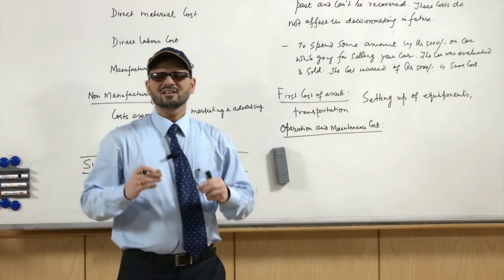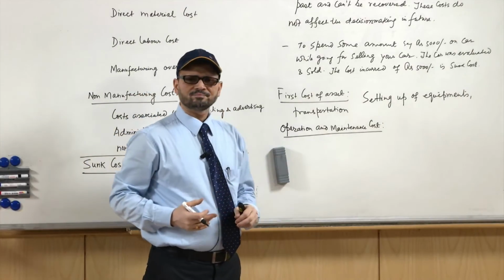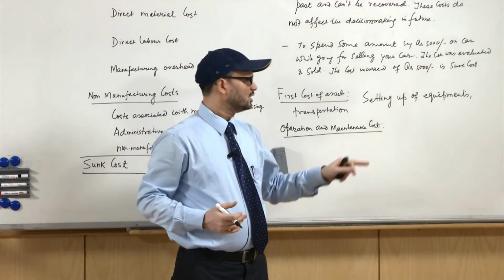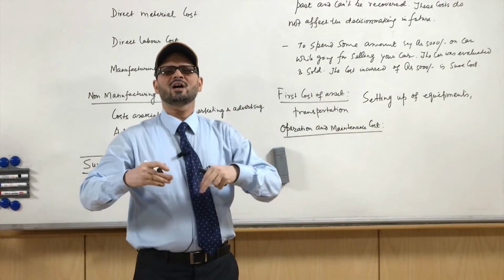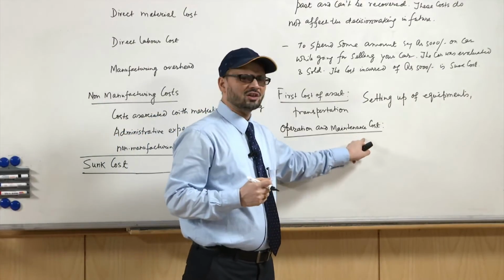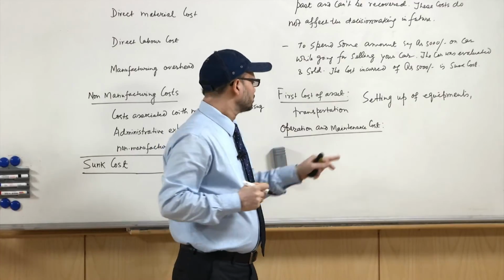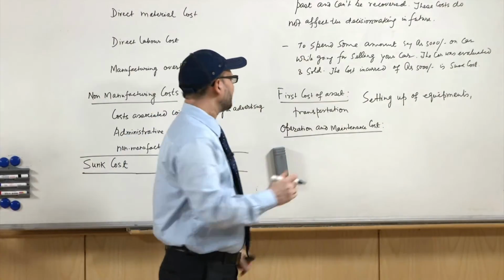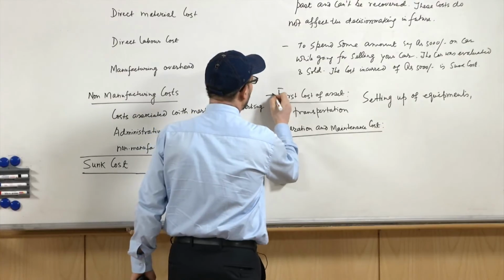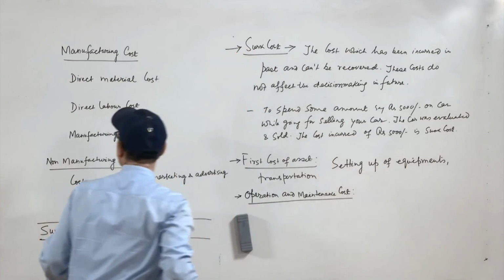So, the expenses on electricity, light, and also the depreciation, insurance premium, all these come under the operation and maintenance cost. So, this way we see that we come across different types of costs in the company.